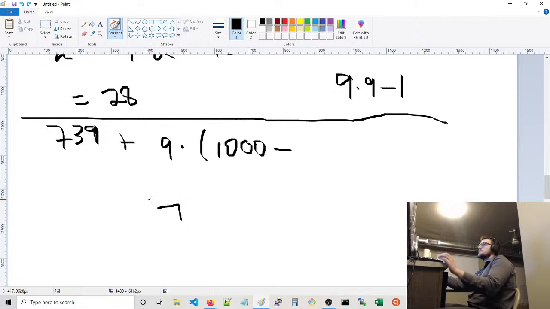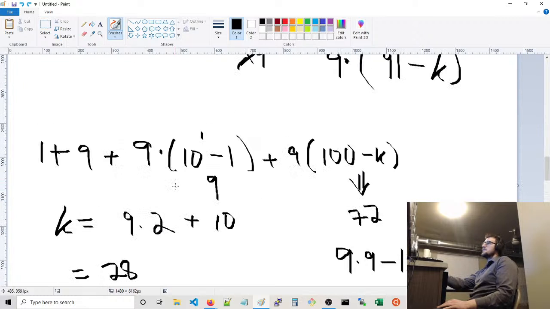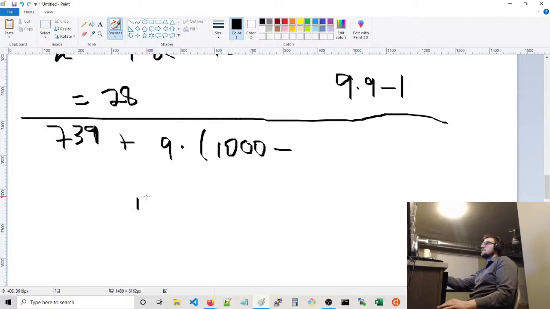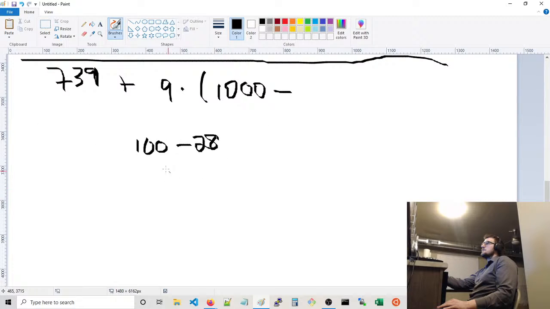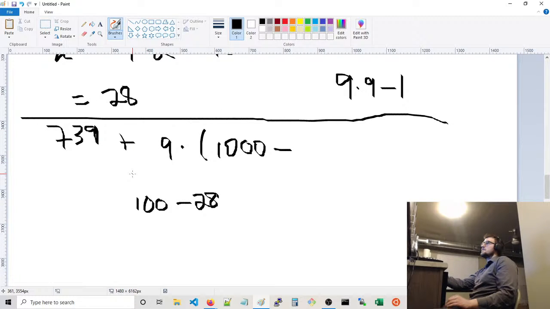You would normally have almost 739, not quite. In fact, it's slightly different because you're considering the leading zeros, or the trailing zeros, more like. It's not quite 739. It's very similar to the previous calculation. 100 minus k, or 100 minus 28, for each set of 100.